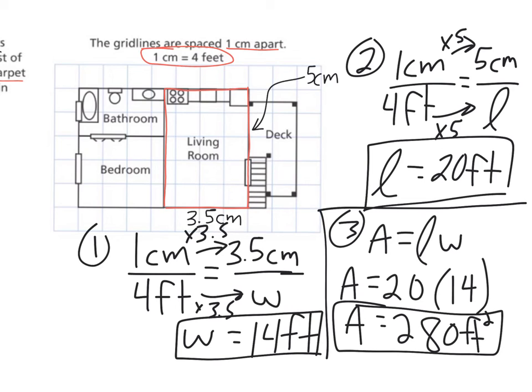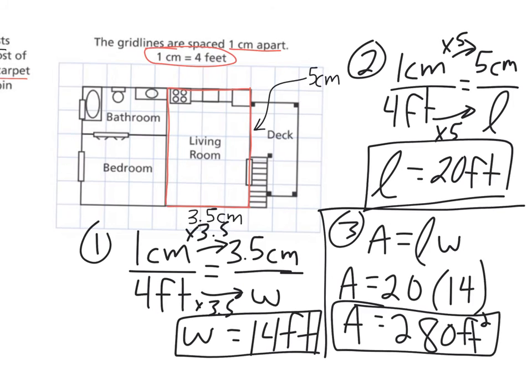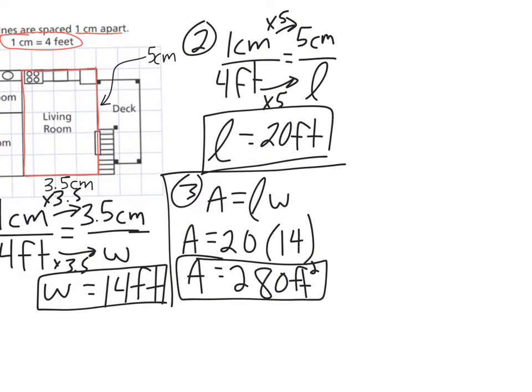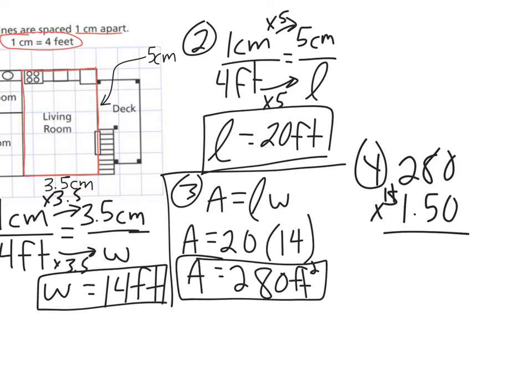Then we know it's $1.50 per square foot, so the last step, we do 280 times $1.50. $420. Good. So $420 for having somebody install our living room carpet here.